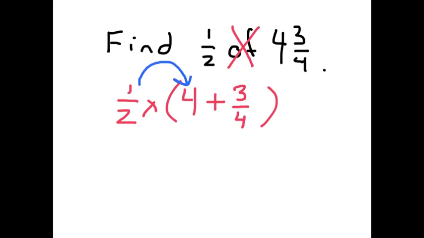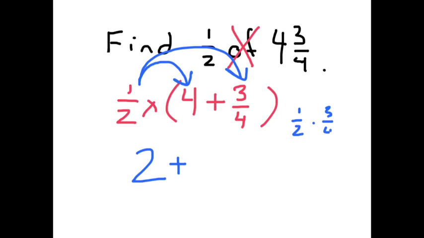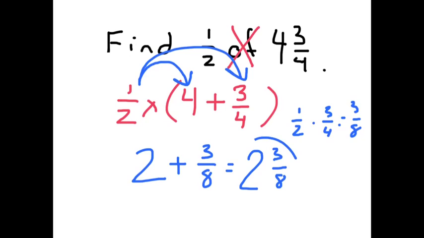So half of 4 is 2 plus half of 3/4 is going to be 1/2 times 3/4 equals 3/8. So 2 plus 3/8 is equal to 2 3/8. You might like that way better than turning 4 3/4 into an improper fraction.